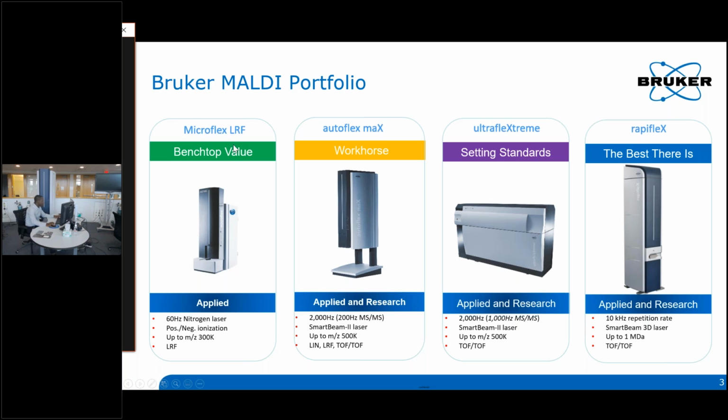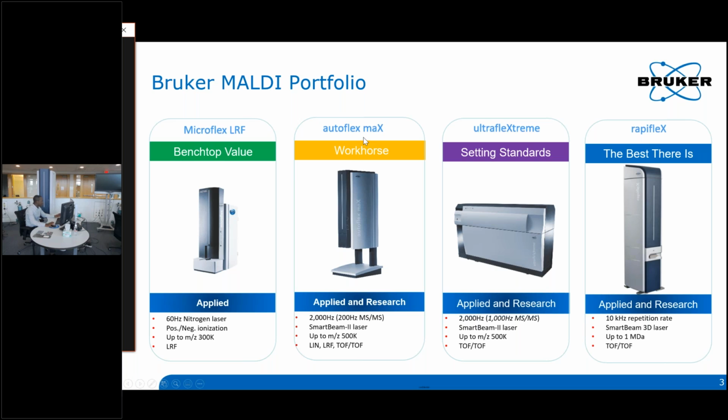We have the Microflex, which is our walk-up benchtop MALDI instrument, and it's a great option for simple polymer analysis experiments such as molecular weight determination, quality control experiments, or intact protein determination and things like that. It's very small, so it doesn't take too much of your space in a lab. Equipped with a 60 Hertz nitrogen laser, can be operated in positive and negative ion mode, and goes up to 300 kilodalton mass.